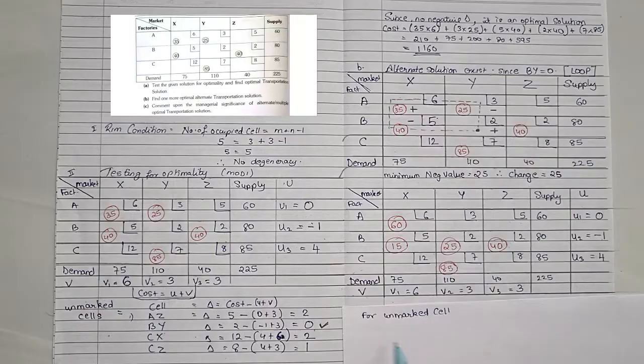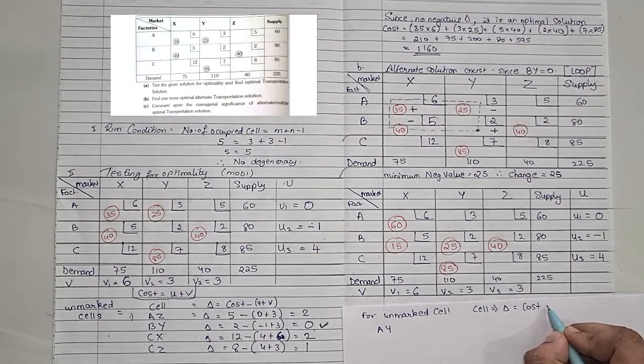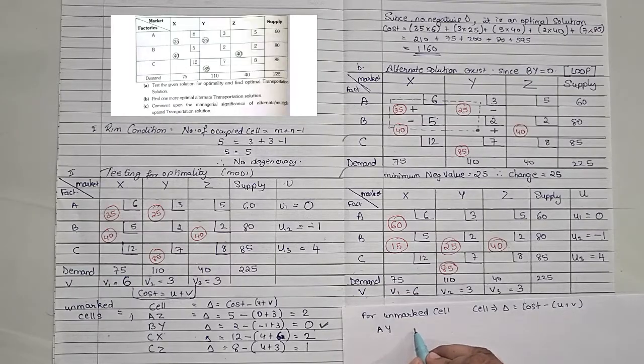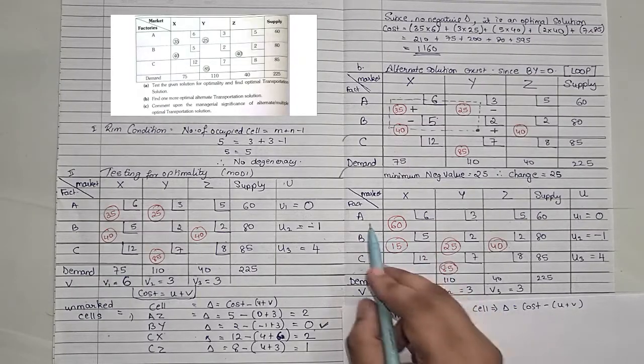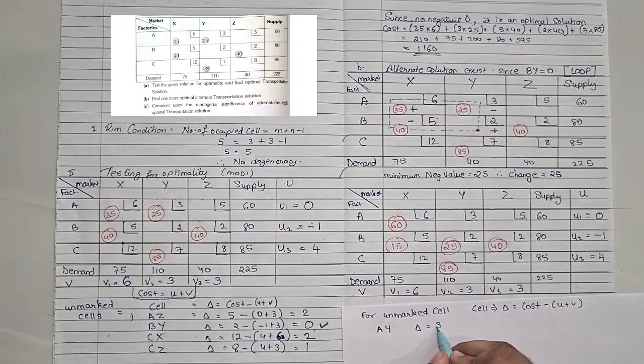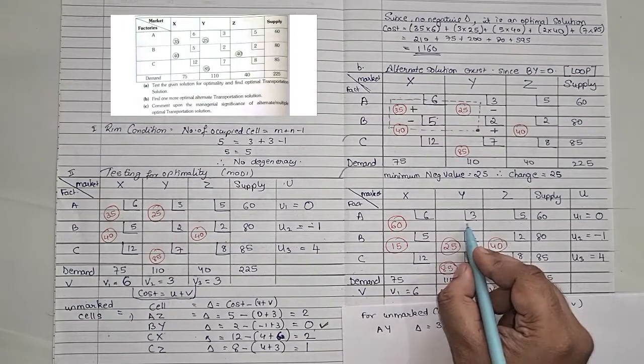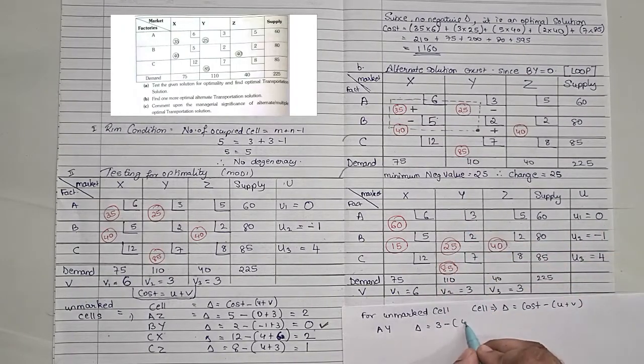I have AY. The first one is AY. Remember the formula: you're finding change is equal to cost minus U plus V. So for AY the change is cost 3 minus U is 0 and V is 3. So 0 plus 3, so 3 minus 3 is 0.